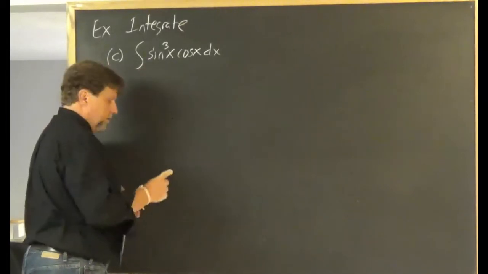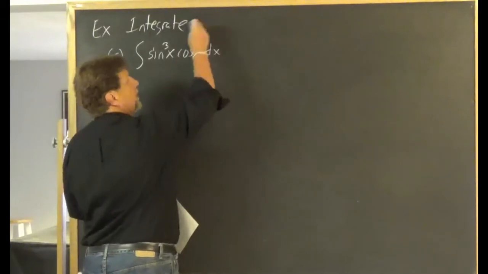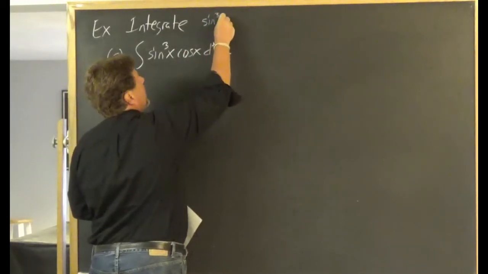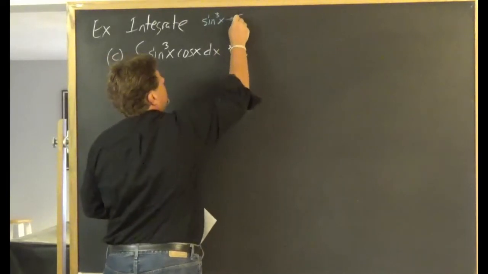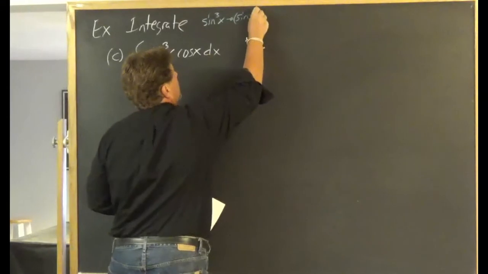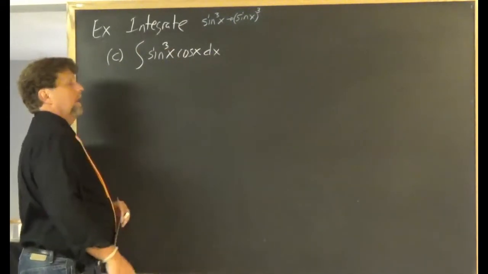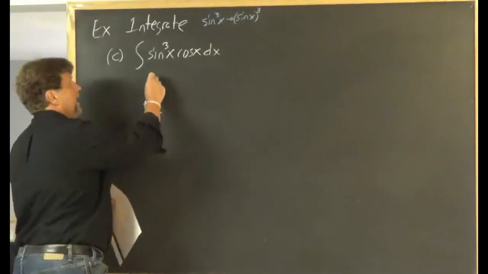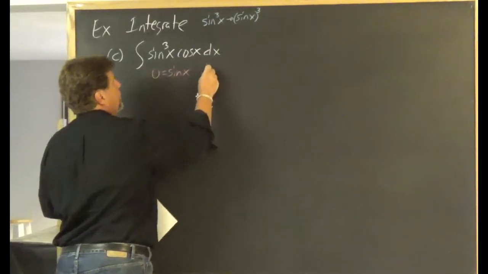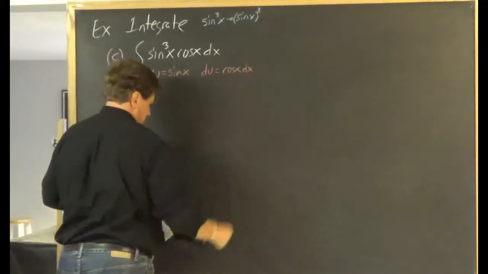All right, well, remember, I'm going to write up here as a little reminder. Remember, sine cubed x, that's sine of x quantity cubed. So I would let u equal sine x. Then du is cosine x dx.